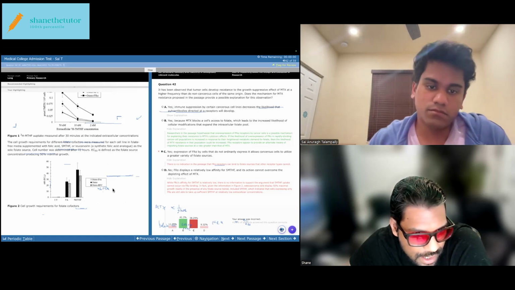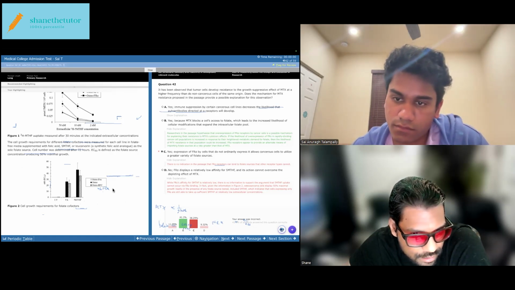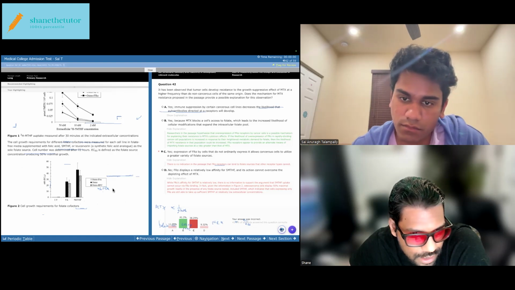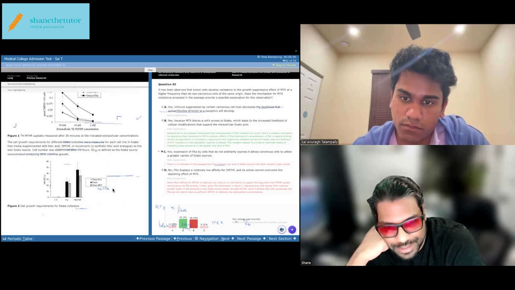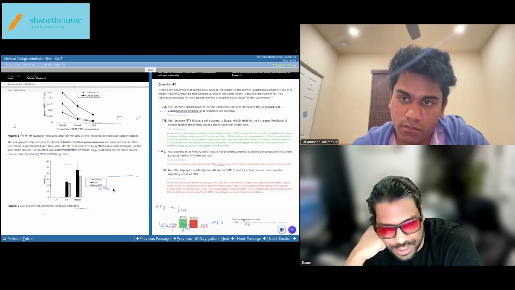Yeah, the way that these are worded could also be kind of tricky. Like B, MTX blocks the cell's access to folate, which leads to increased likelihood of cellular modifications that expand the intracellular folate pool.